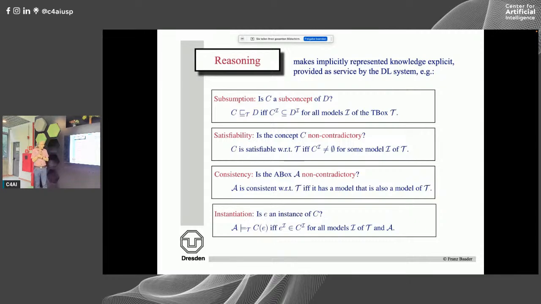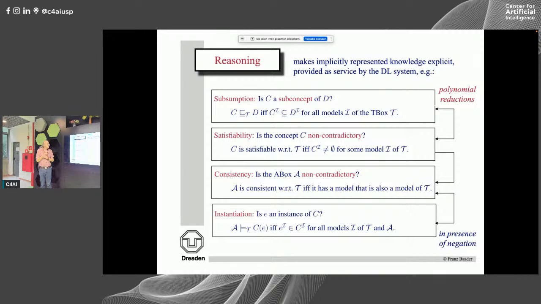Now, of course, if you want to implement a description logic system, fortunately, you don't have to implement 4 algorithms. It's enough to implement 1 algorithm because these problems can be reduced to each other. At least if you have negation, and conjunction, but we always have conjunction in description logic.